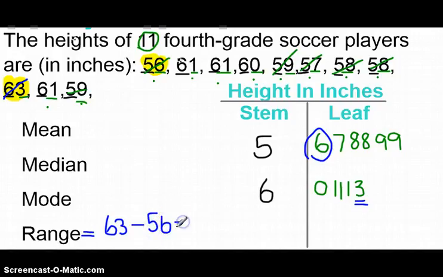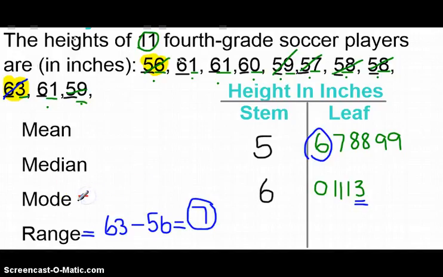When we subtract 56 from 63, we get 7. So that means from the lowest number in the data set to the highest number in the data set, there are 7 numbers.